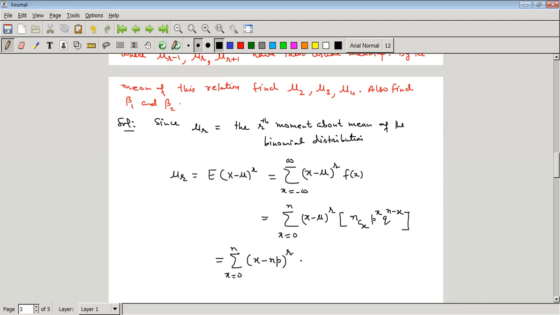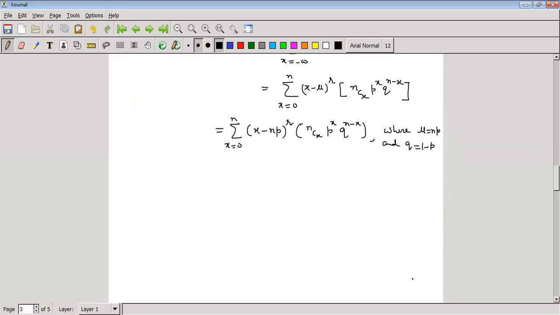So (x minus np) to the power r into nCx p to the power x into q to the power n minus x, where mu is equal to np and q equal to 1 minus p. Let this be equation number 1. So this is our mu r.